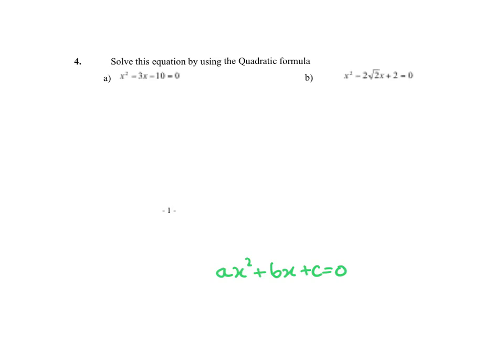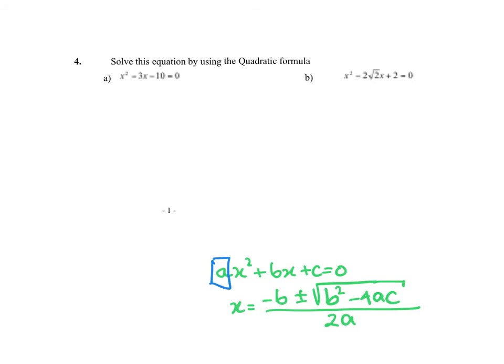The quadratic formula is x equal to negative b plus minus square root of b to the power of 2 take away 4ac, all over 2a. Please note that a is the coefficient of x to the power of 2, b is the coefficient of x, and c is the constant number by itself.